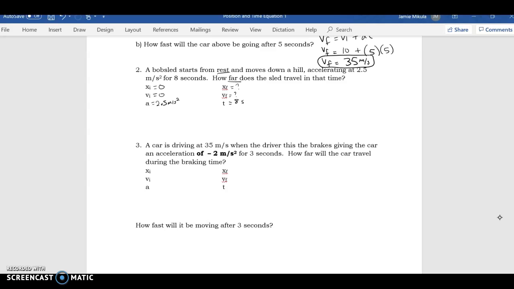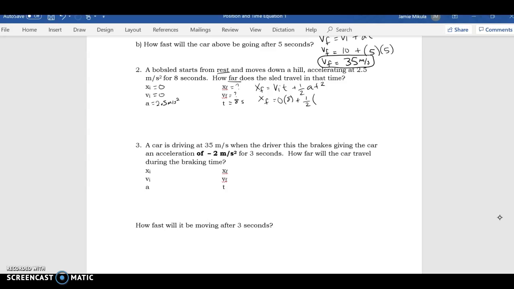All right, so we're going to say xf equals, I'm not even going to put xi because that's 0, so I'm just going to go straight to the vit plus 1/2 at squared. xf, I want to know. vi is 0, so anything 0 times 8, 0 times the time is going to be 0 as well, so that's good.